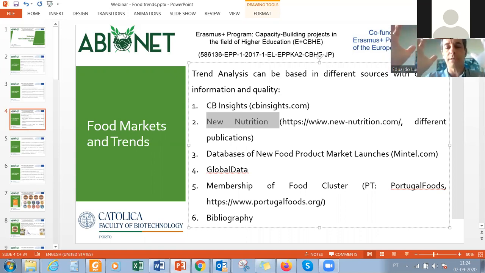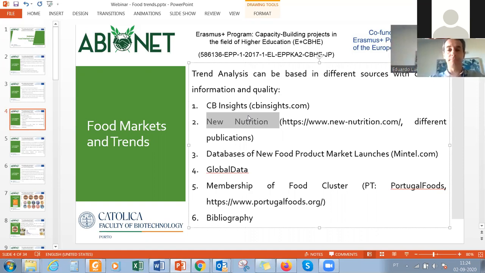But I believe very much that they work with questionnaires to consumers. They work with panels of consumers. So they go deeper on the understanding of consumers and customers. So they probably do a more in-depth work to raise food trends.